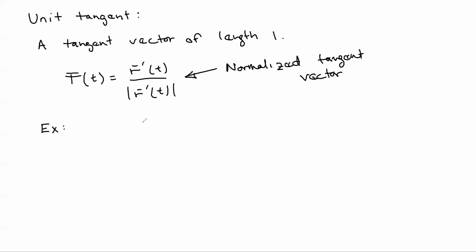Okay, so for an example, let's find the unit tangent for the last problem we just did. We have r of t equals t plus 1 comma t squared, and we want to find the unit tangent.